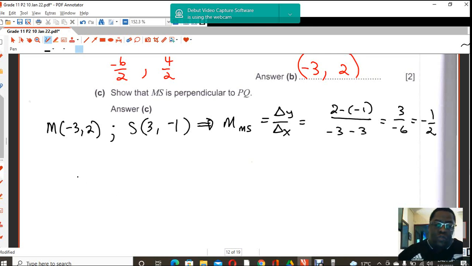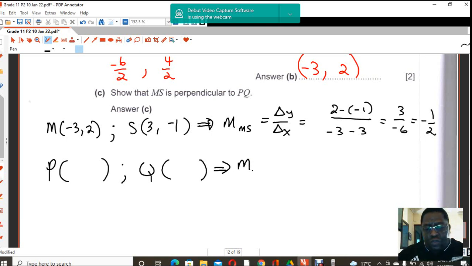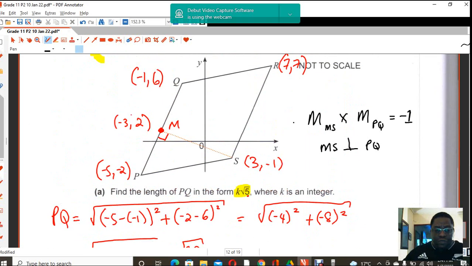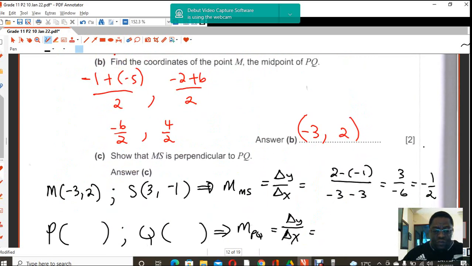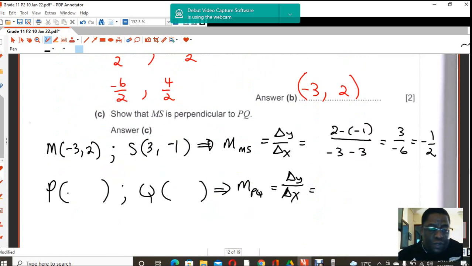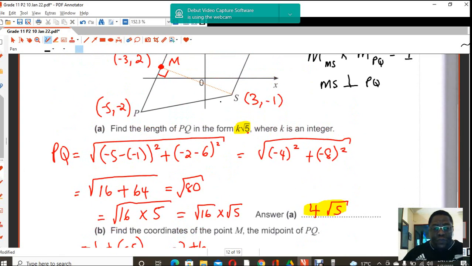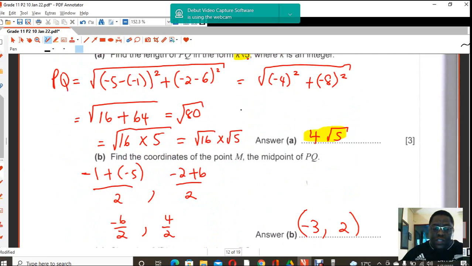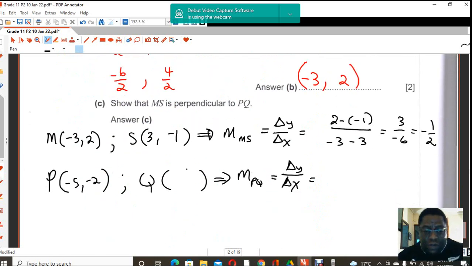Okay, so the other one is PQ. Let's find points P and Q, and then we're also going to do the gradient of PQ. The coordinates of P are -5, -2. The coordinates of Q are -1, 6.